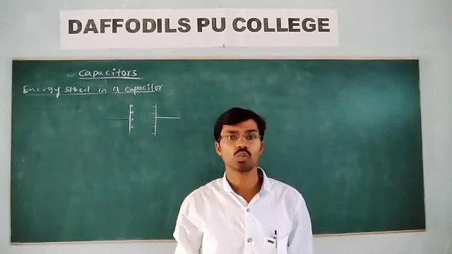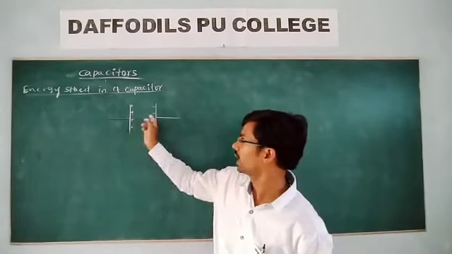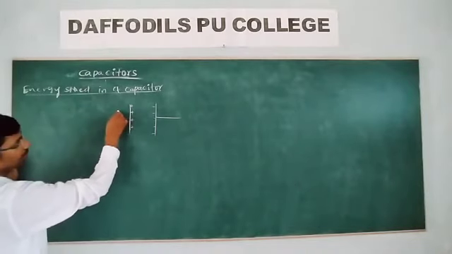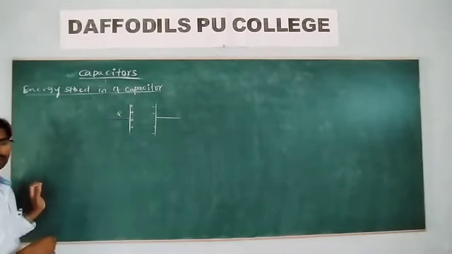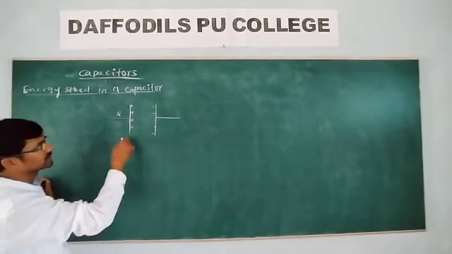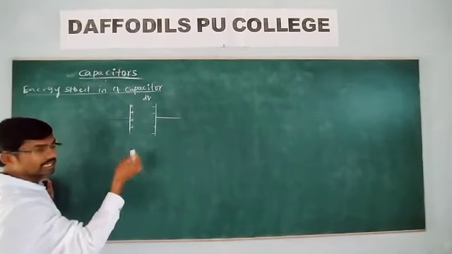What is work? Work done in moving a charge from one plate of the capacitor to the other plate of the capacitor. The purpose of the capacitor is to store charge. But whenever it is getting charged, we have to transfer the charge against the electric field.